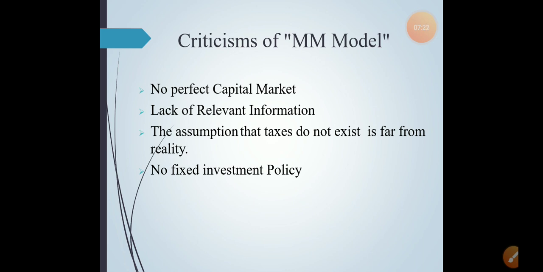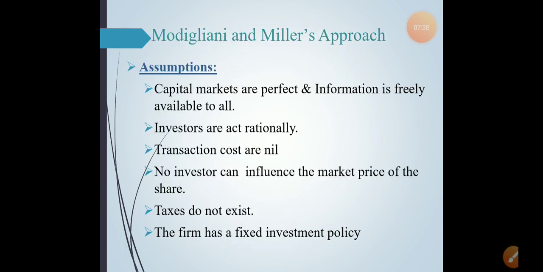Now the criticisms of this approach, if we go through the assumptions. Capital markets are perfect and information is freely available to all. That is basically not freely available to all; sometimes some users can use insider information of the industry. Investors act rationally.